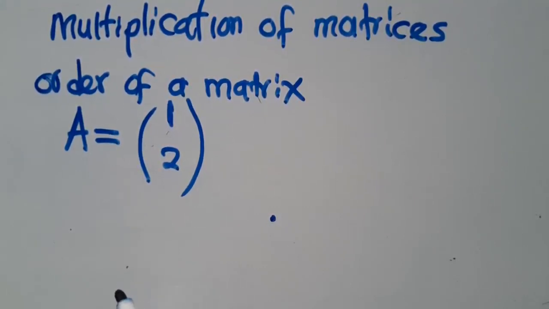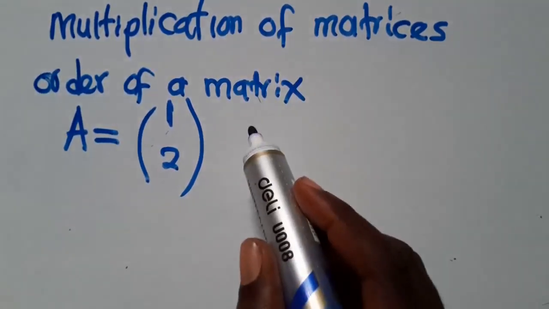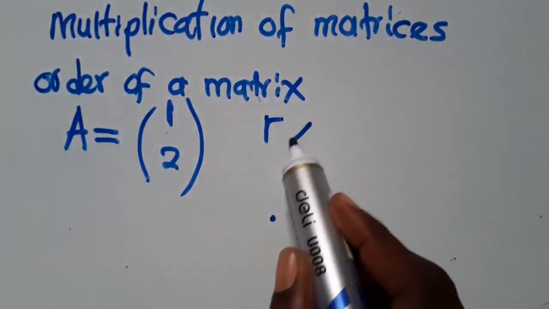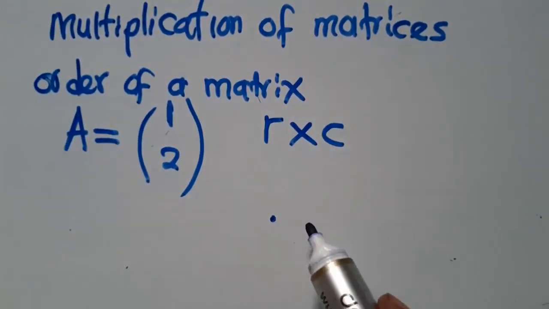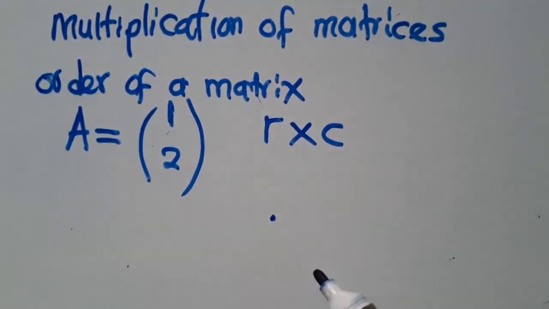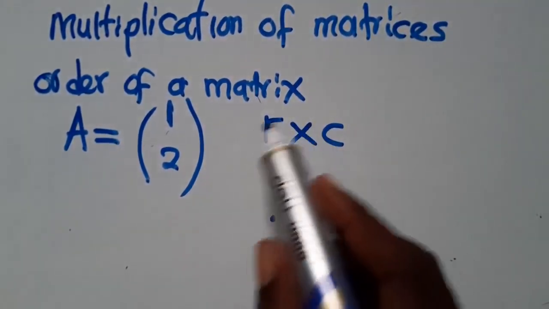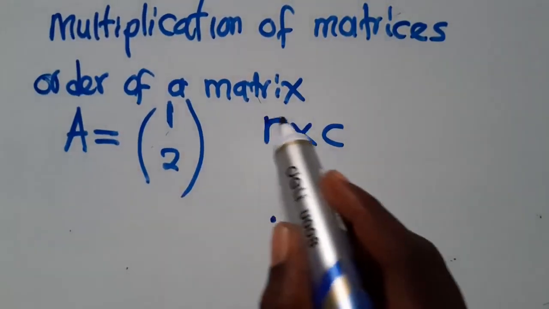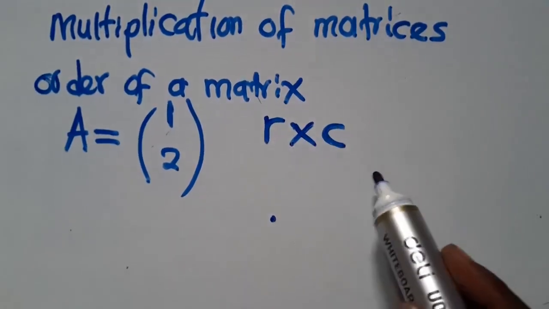So what is the order of this matrix? How do we get the order of a matrix? Row by column. This is the formula we get: row by column.